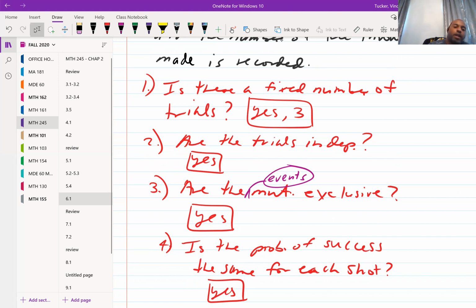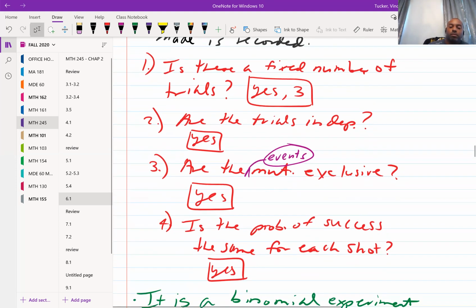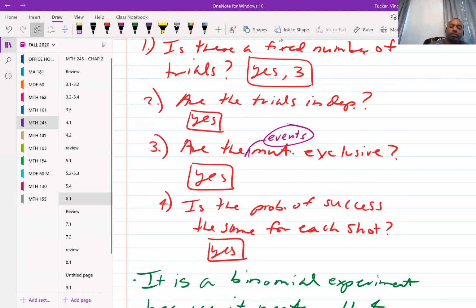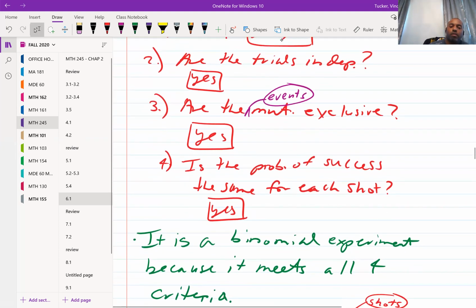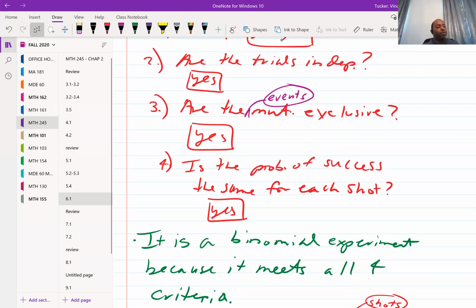All right. Any problems with any of those 4? Now, since it meets all 4, that means it is a binomial experiment.